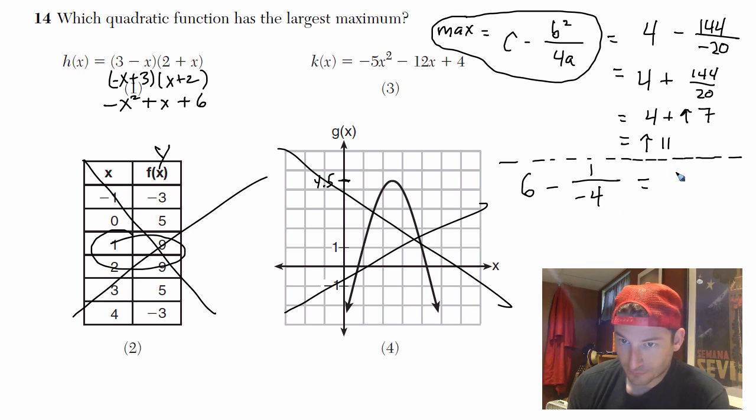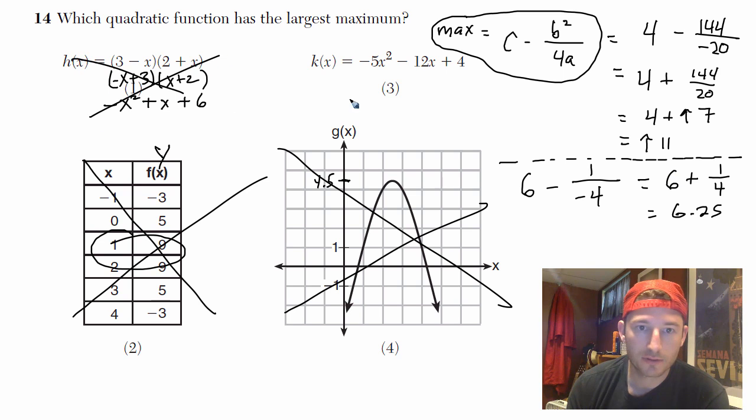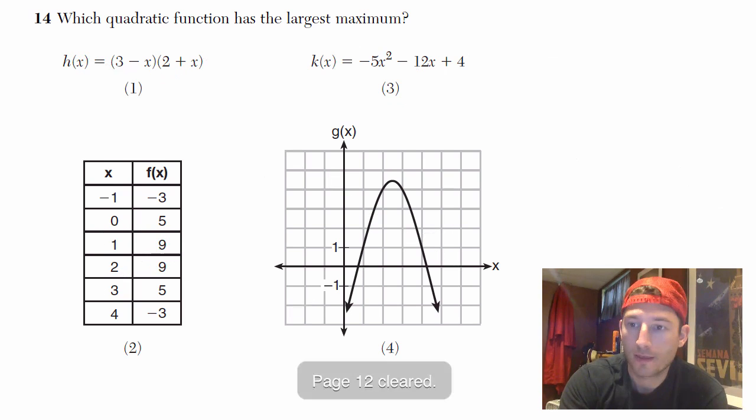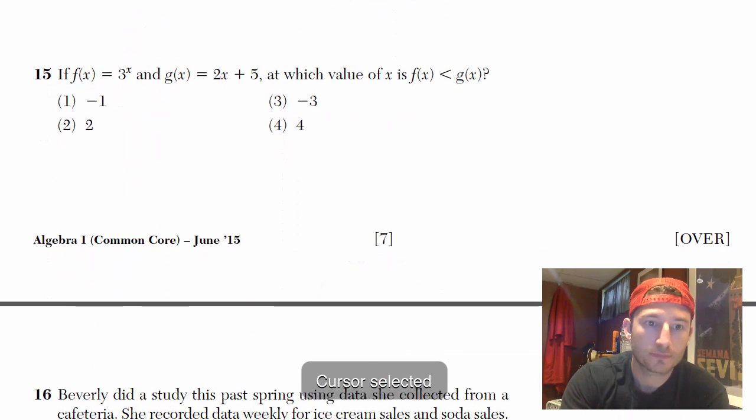So we've got basically 6 plus a fourth, which is 6 1/4, which is not bigger than a little bit bigger than 11. So that's gone. Correct answer is 3. And that's it. Or you can just plug it into the calculator. Sorry, I didn't have a calculator on me, but I guess it's a nice formula to know if you want to find the maximum.